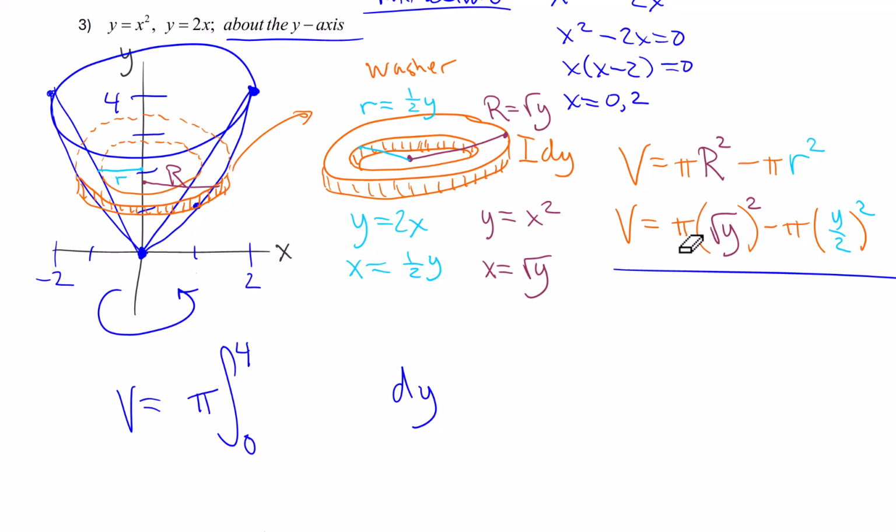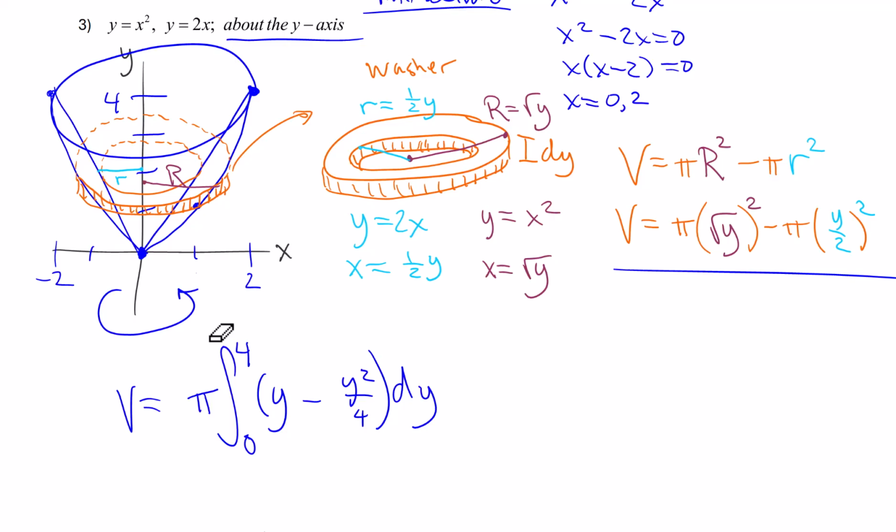So we have a pi out front, and then for our function as defined, it's square root of y squared, which is just y, and then minus y over 2 squared, which is y squared over 4. So y minus y squared over 4 is the function we're ultimately trying to integrate here, from 0 to 4. Of course, pi is already factored out in front. So this is where we're going. All we have to do is figure out what this value is, and we should be done with it.